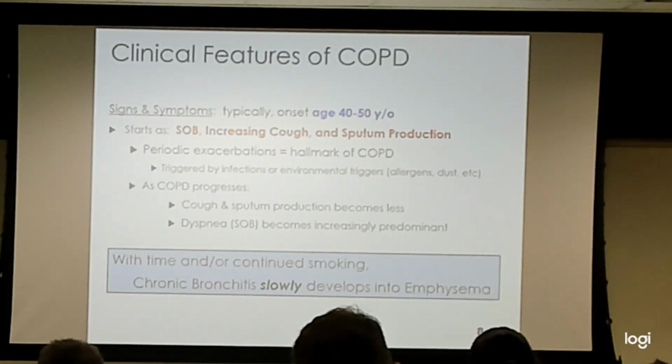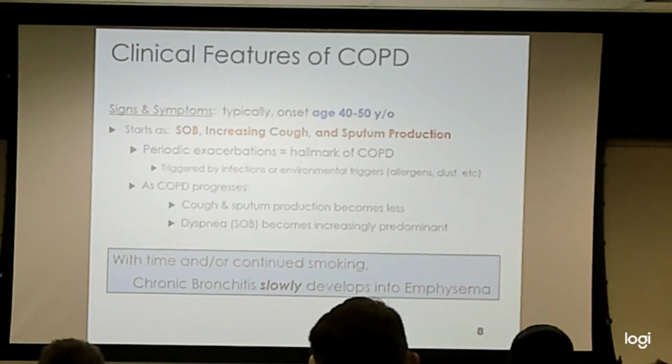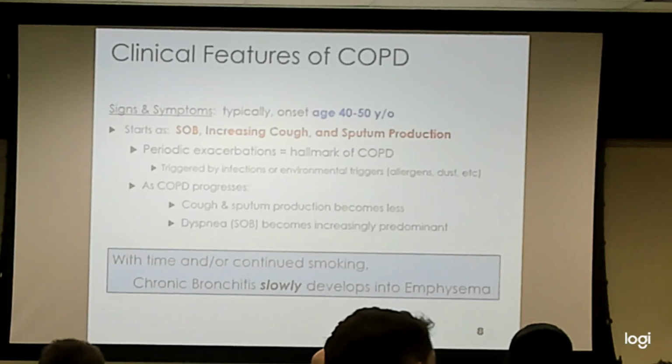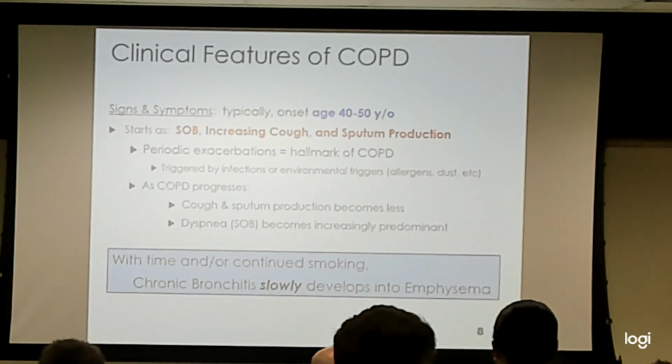They're not taking deep breaths because they don't have the airspace anymore. And as that happens, of course, their shortness of breath goes way up. So they start to complain less of the cough and more of, if I get up from my chair and walk to my kitchen, I have to sit down. That's severe dyspnea, and this is kind of what we'll see at the end of COPD.